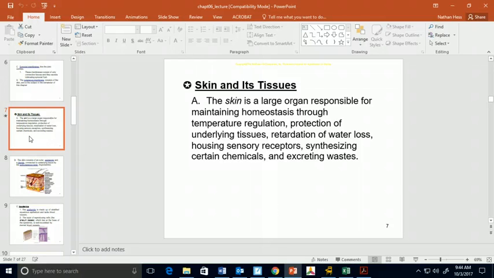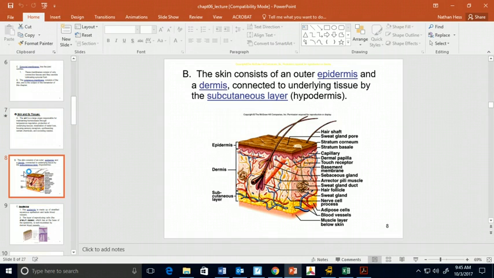Synthesizing: did you realize it creates certain chemicals, certain vitamins that you need? Your skin does this. And of course, it gets rid of waste. It puts some things out as we sweat. So we're going to spend a whole bunch of time talking about the actual skin layers and what's involved and what the functions are.